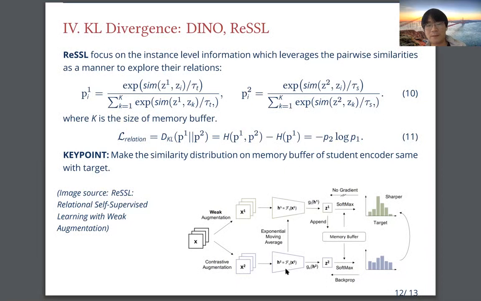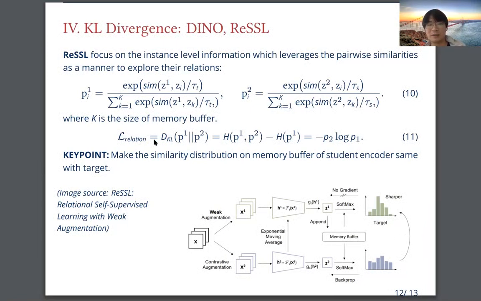And for the student encoder, we do the same thing. We get P2. By doing this we can get the distribution for the teacher encoder with regard to the memory buffer, and the student encoder with regard to the memory buffer.